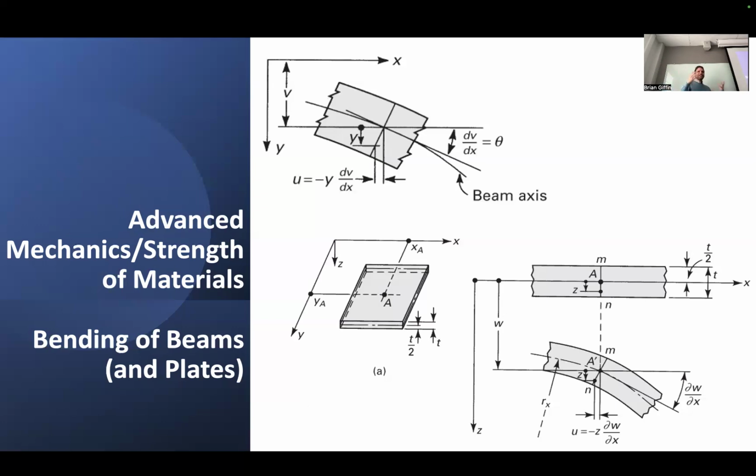Plates, however, are probably something that you've maybe heard about, and certainly you interact with them on a day-to-day basis, but in terms of how that connects to both the theory of elasticity and classical beam theory, as you might be familiar with, how those things connect together is anything but clear.